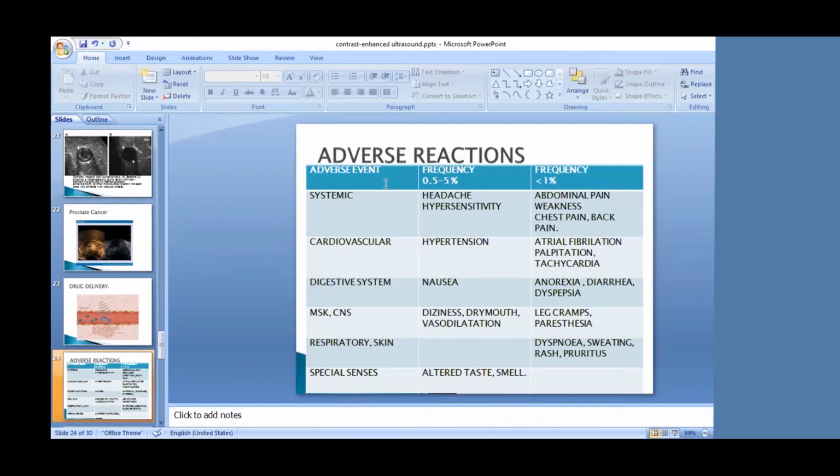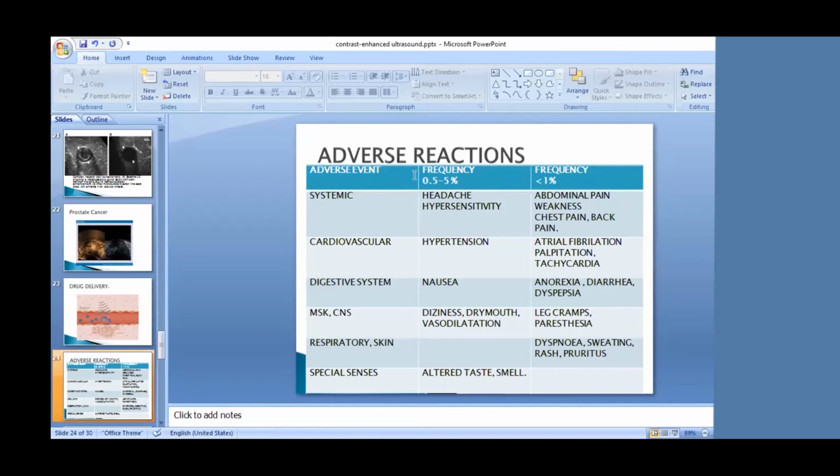Special senses: the high frequency side effect is altered taste and smell. There is no less frequent one. Okay, so we divided the side effects into highly occurring, which is higher frequency, 0.5 to 5%, and less frequent, less than 1%.